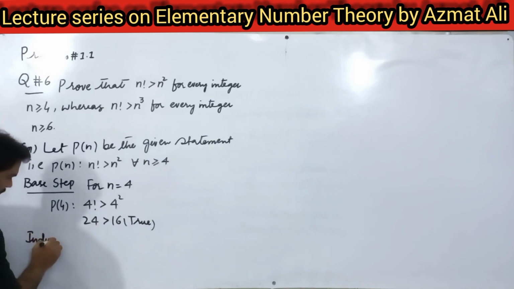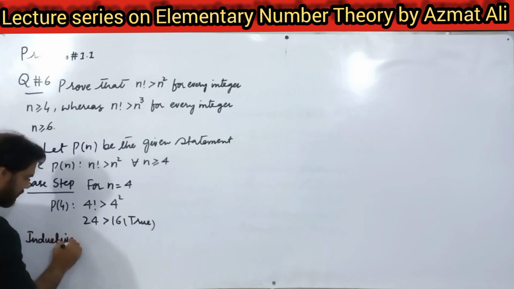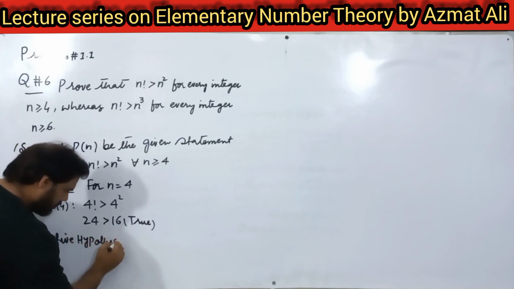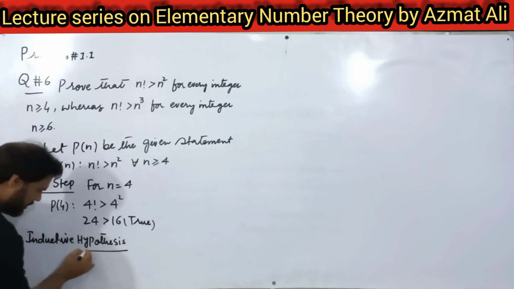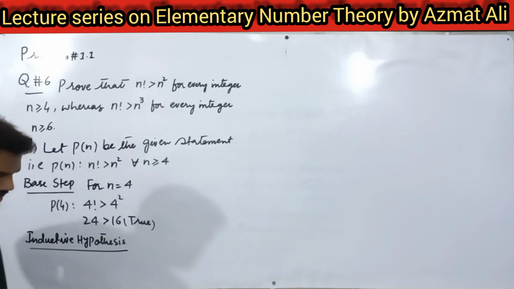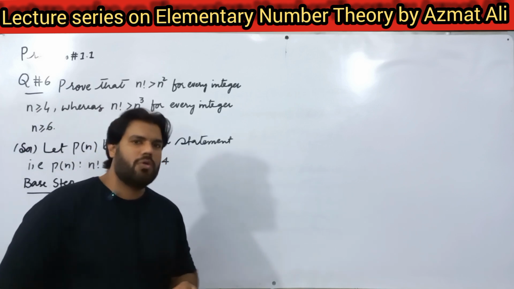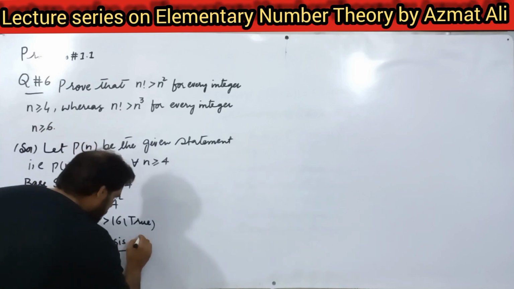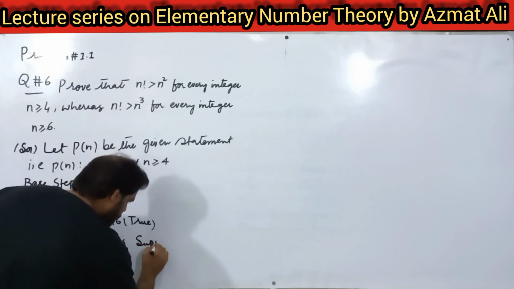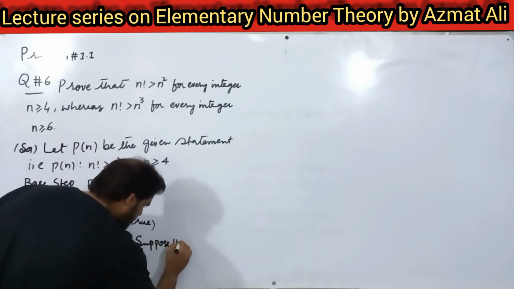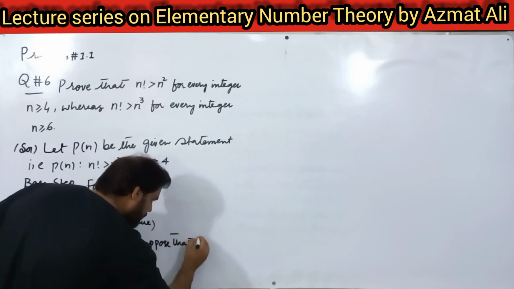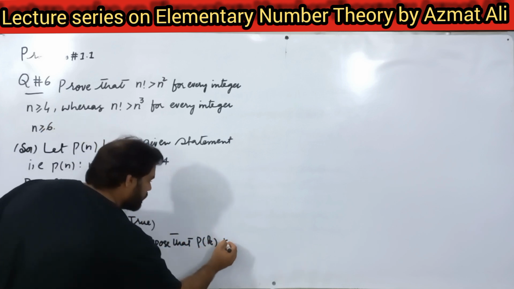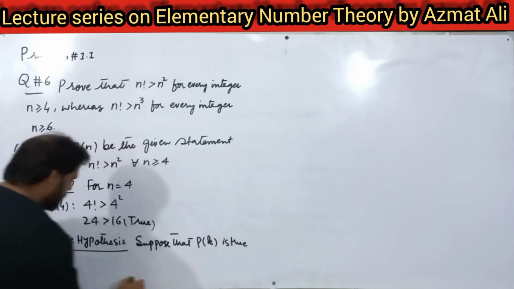Next is the inductive hypothesis. This is the second step. In this step, we suppose the statement is true for a positive integer k. Suppose that the statement is true for n is equal to k, that is Pk is true.